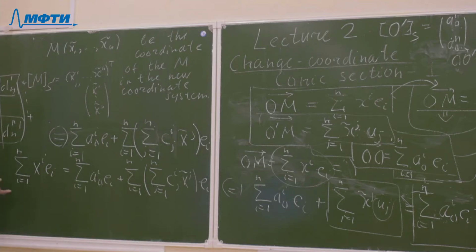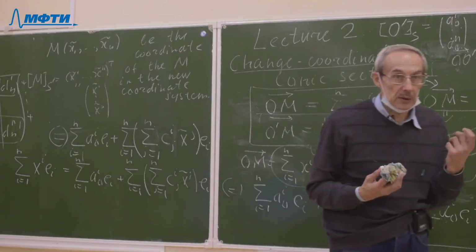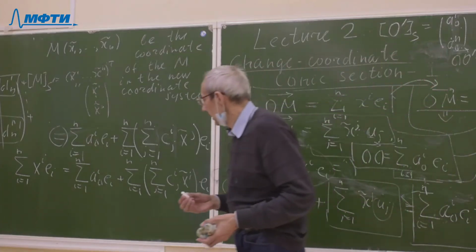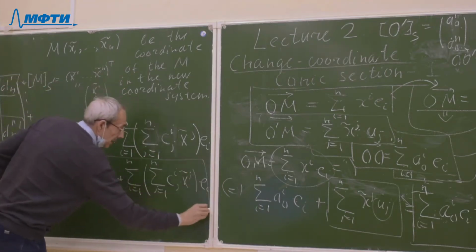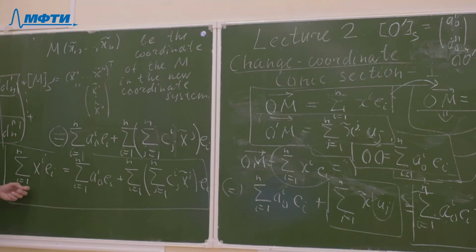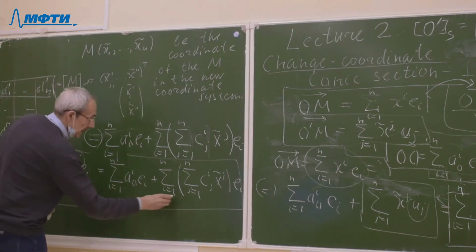We have two linear combinations of the basis vectors. Any vector has a unique decomposition by the basis vectors, and from the equality of these two decompositions, we can conclude that the coefficients of these two vectors are equal. Namely, x_i is equal to this sum.